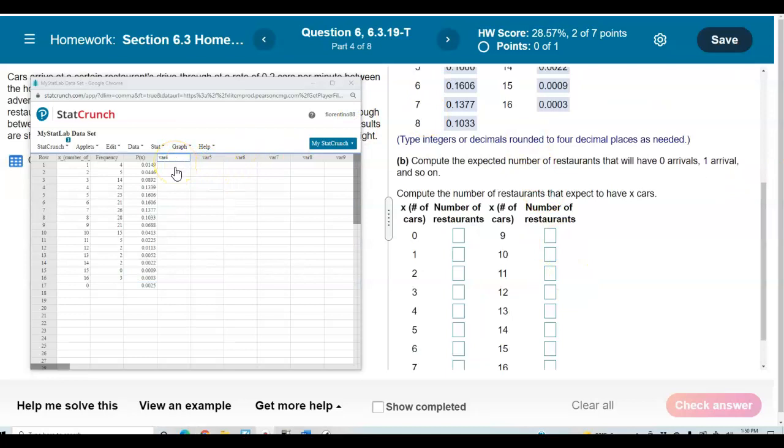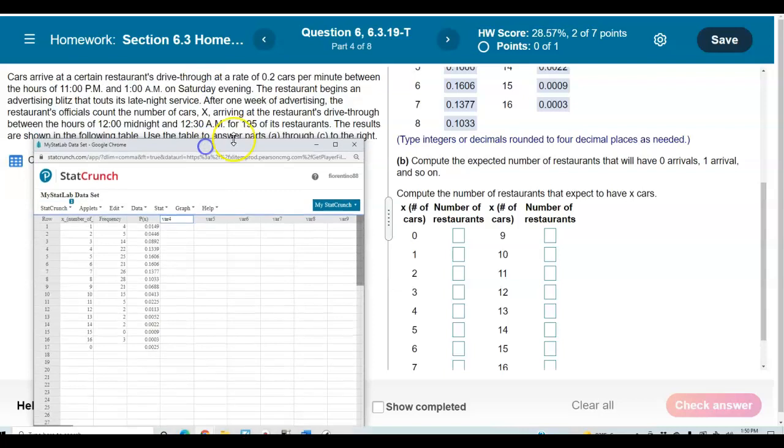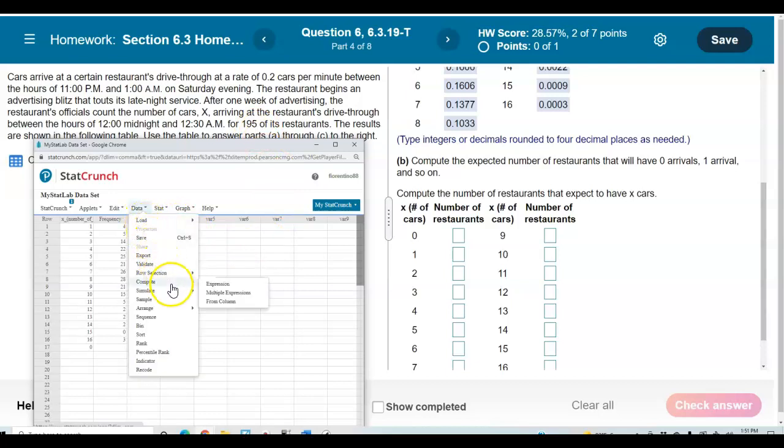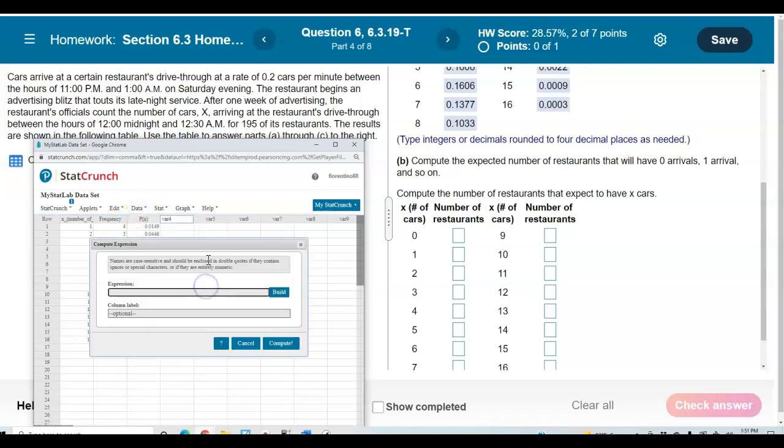We want to be able to create a new column where it's designated as the restaurant. And so we want to take each probability and multiply it by the amount of restaurants that are between 12 and 12:30 a.m., which is 195. So what we're going to do is select this part here. We're going to go to Data, and we're going to go to Compute, and then we're going to build an expression.